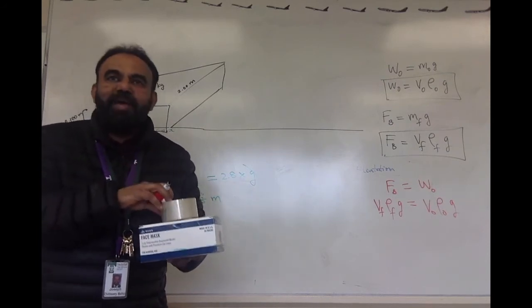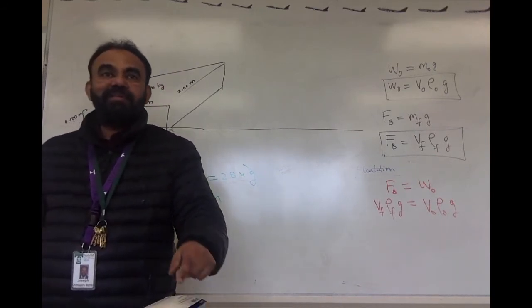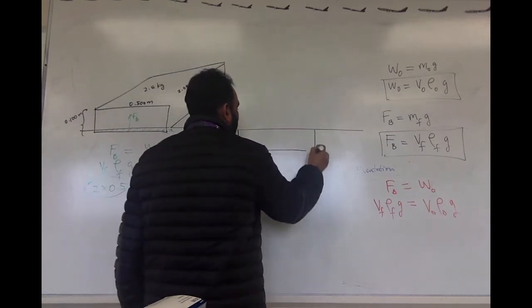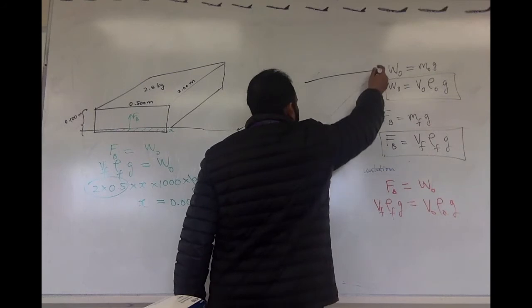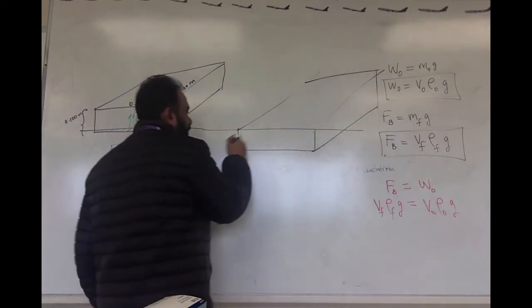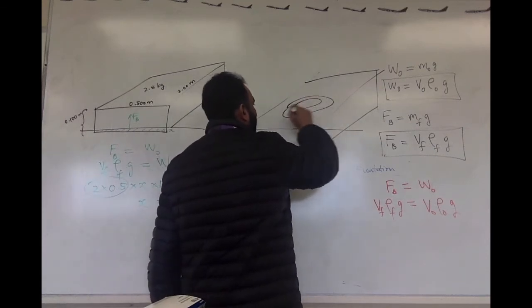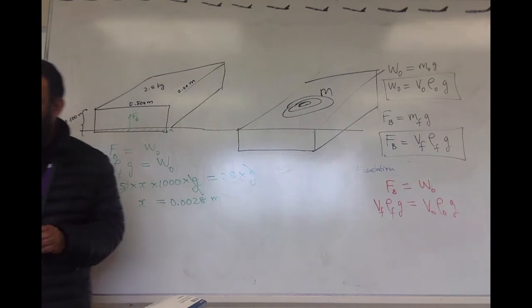So I keep adding weights, and when it is fully submerged, I stop. Now the air mattress looks like this. It's fully inside water. The whole air mattress is inside, but of course there's some weight sitting on it.